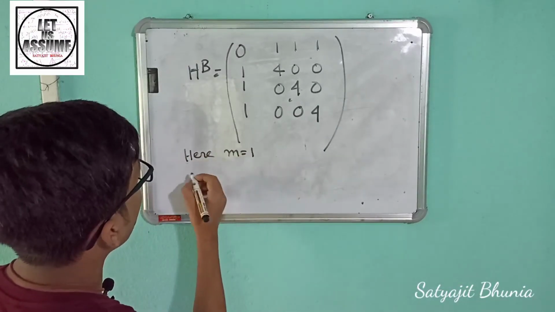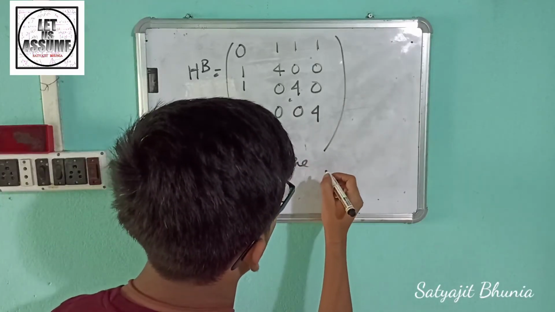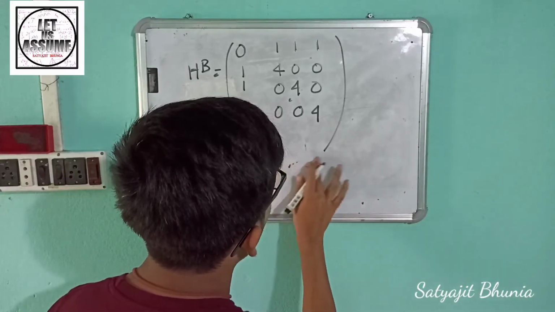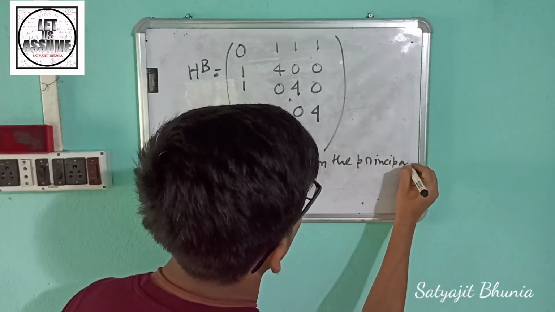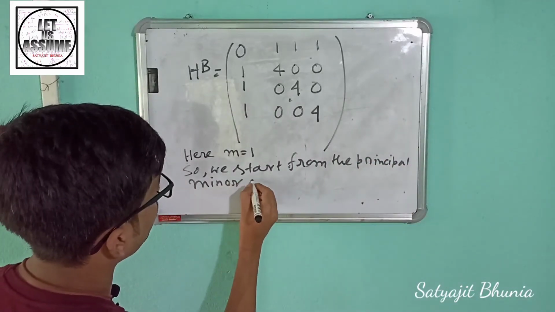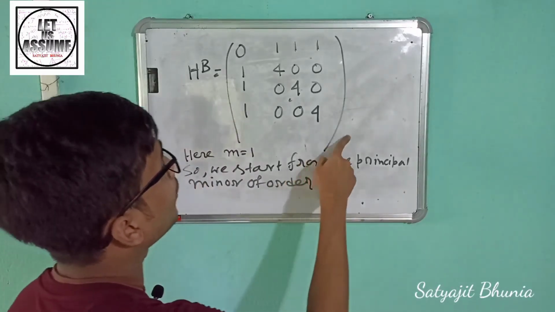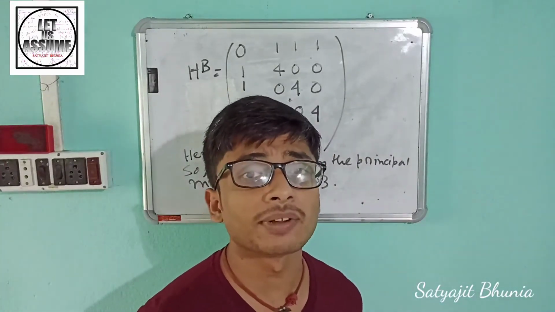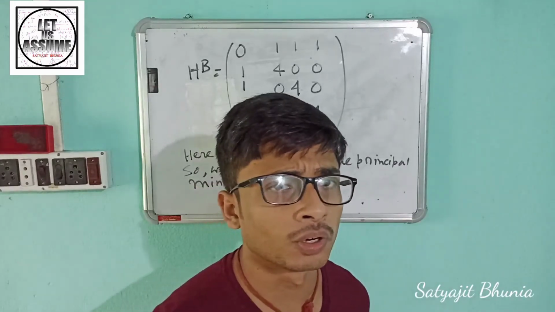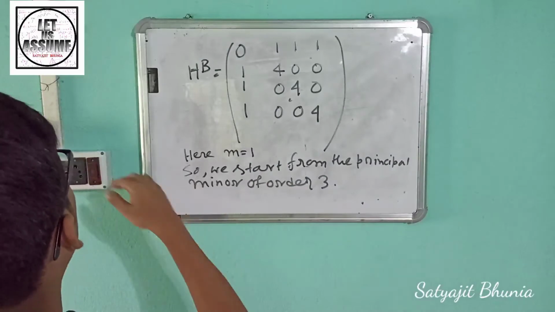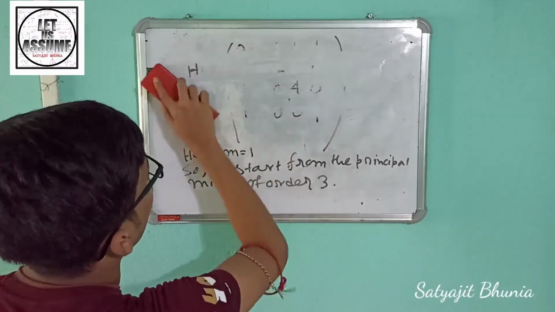Here m is equal to 1, so we will start from the principal minor of order 3, and as this is a 4 cross 4 matrix, we will check the principal minor of 3 cross 3 order, and one of 4 cross 4 order. First of all we check the principal minor of 3 cross 3 order.